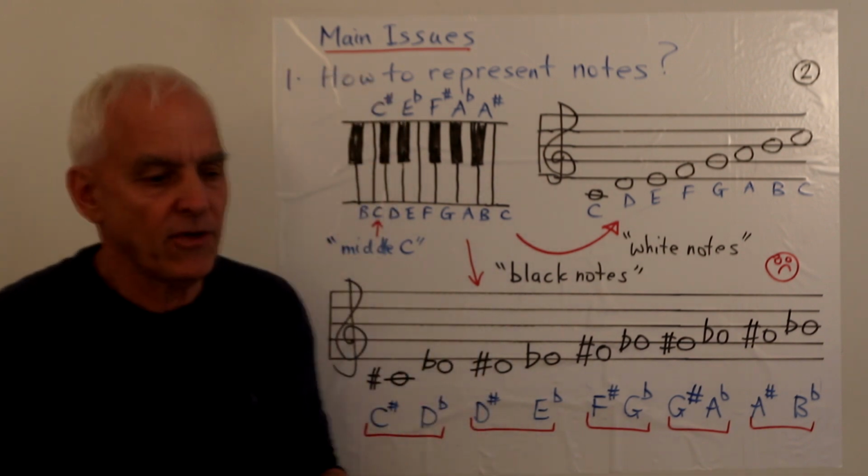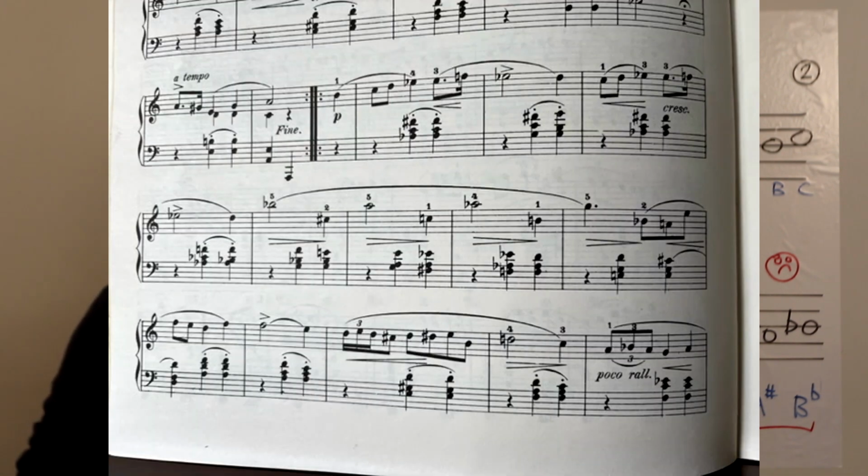So here is an example in that mazurka that I just played. The second part of what I played was a little bit more complicated in terms of the melodic structure. There are a lot more sharps and flats. So have a look at this second part. Okay, you'll see that it's quite a lot richer, and there's all these sharps and flats and naturals and so on that have to be put in.